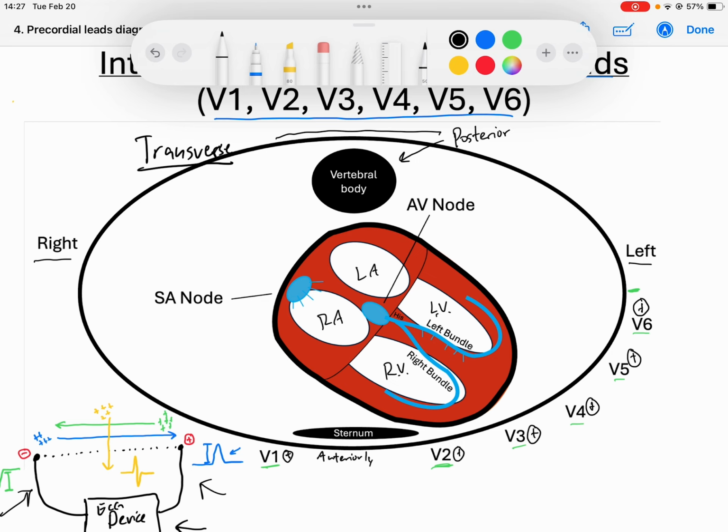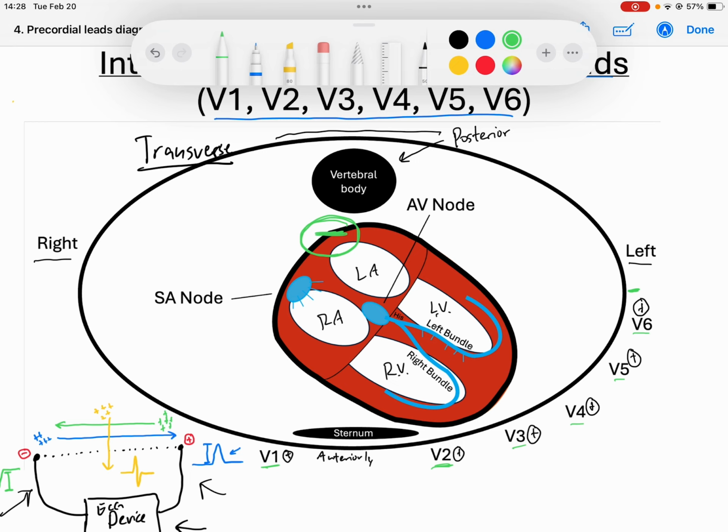It's fascinating, but probably beyond the scope of this lecture. The takeaway is that the negative electrode that is created, I'll draw it in green, is placed almost centrally in the chest wall. So this is my big negative electrode, okay?